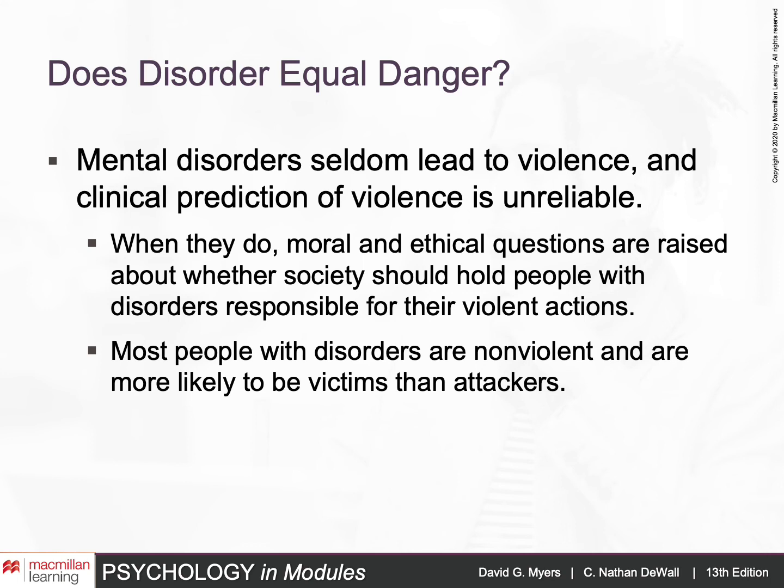Where in actuality, most people with psychological disorders are nonviolent, and not only are they nonviolent, but they're more likely to become victims than attackers, right? So individuals with mental illness are much, much more vulnerable than individuals without mental illness to be the victim of violent attacks and also the victim of a number of other crimes.